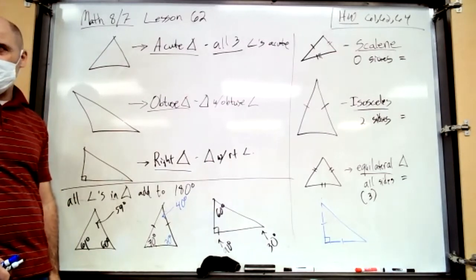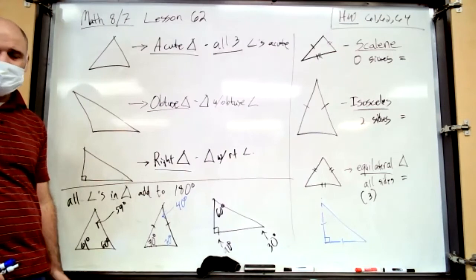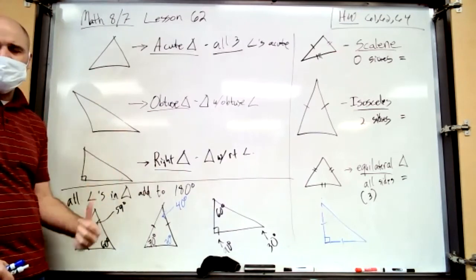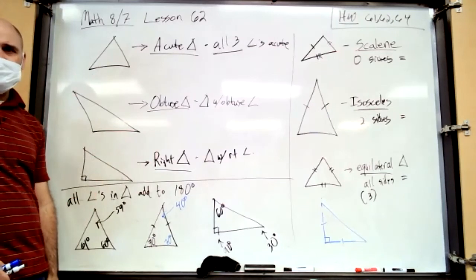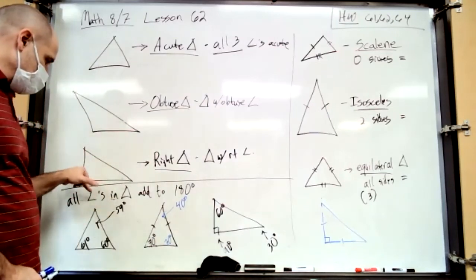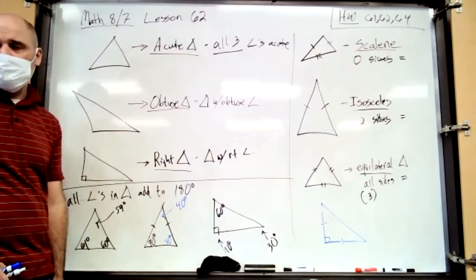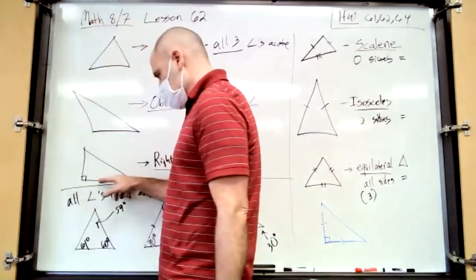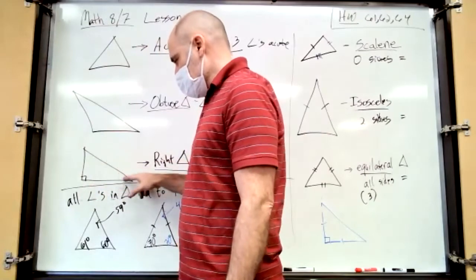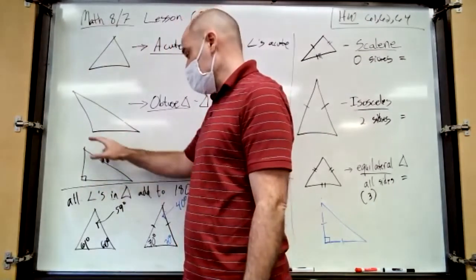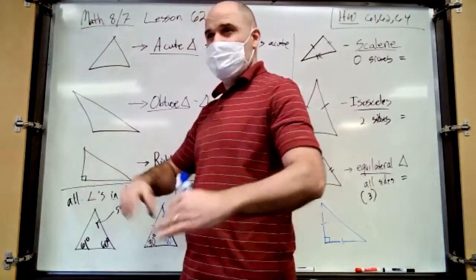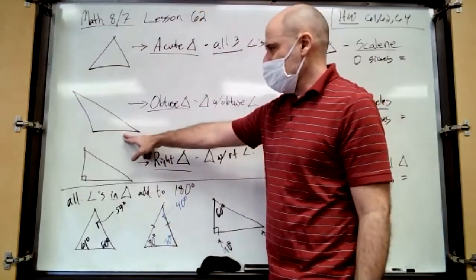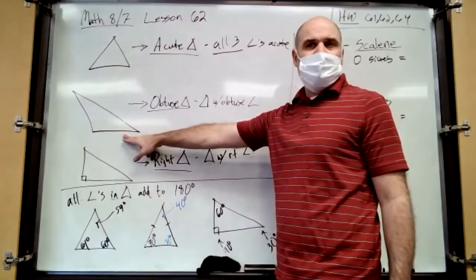I already know it's a right triangle, but let's classify it with sides. Scalene, that's right, because all three of them are different lengths. This is longer than that, and this is longer than both of them, because in a right triangle, that third side is always longer than both of them. Okay, what about this? Is this scalene, isosceles, or equilateral?